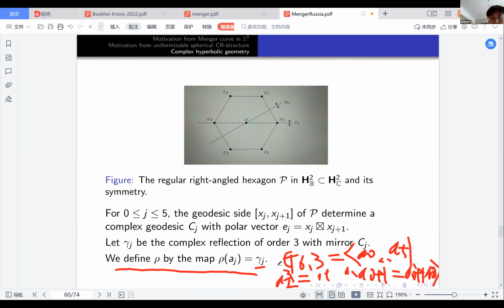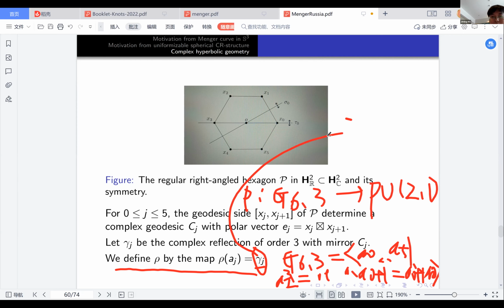So we have a presentation, a representation rho from the group G63 to PU(2,1). And all the generators here are complex reflections now. Complex reflections.